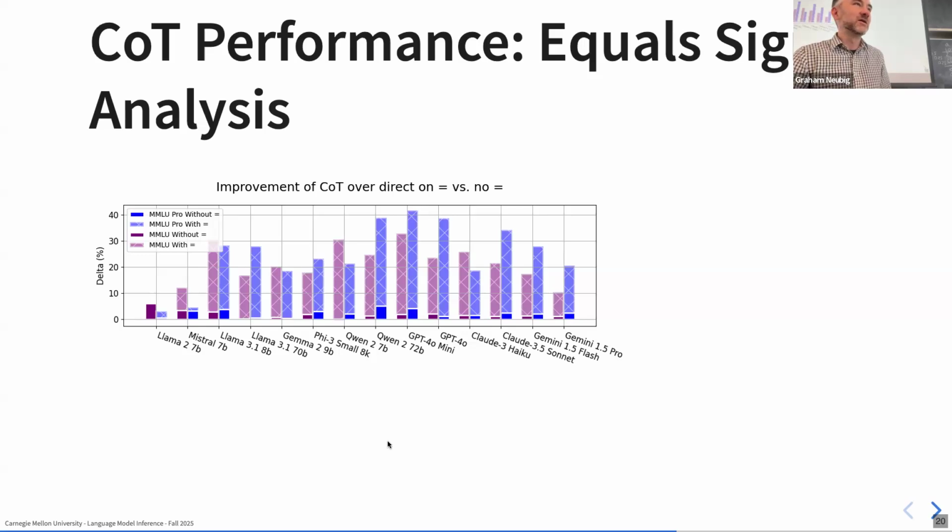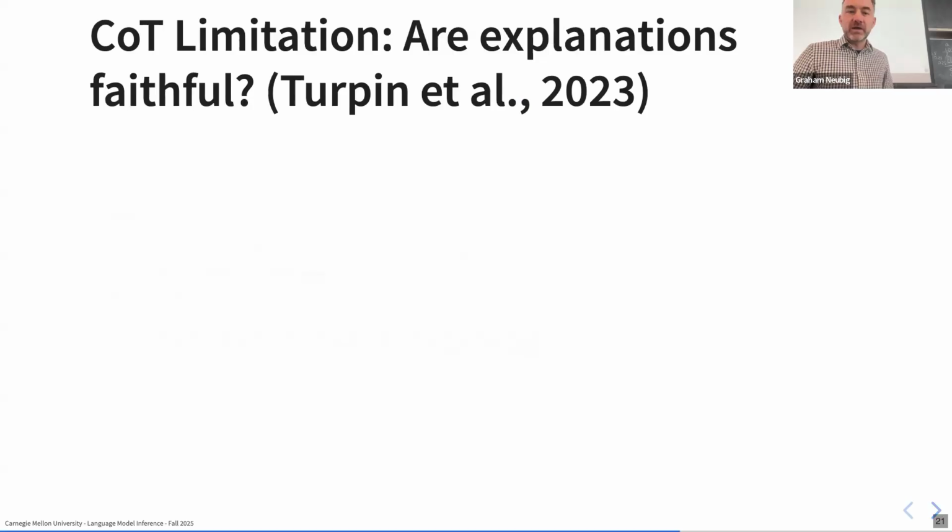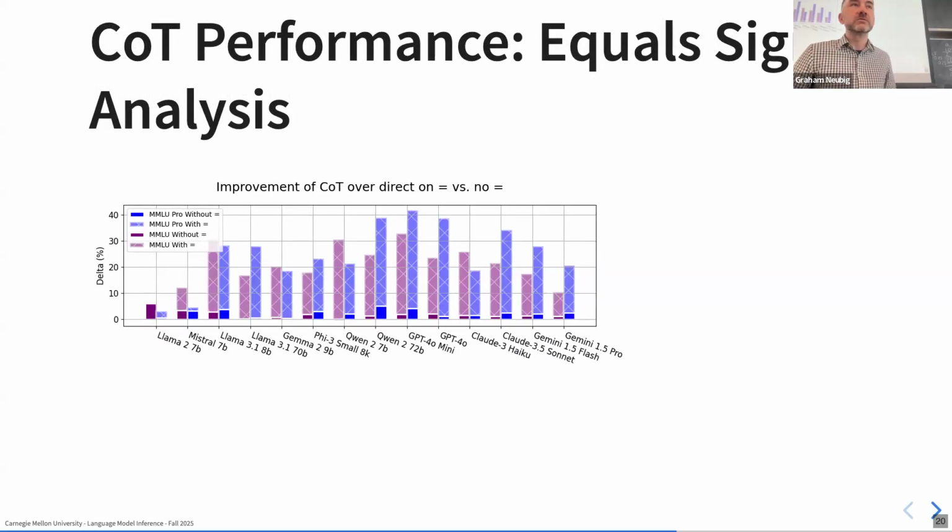And what you can see is people were saying, oh, chain of thought reasoning helps on MMLU, but basically it only helps with the math in MMLU, and on all of the others it was not helping very much. Cool. Any questions?